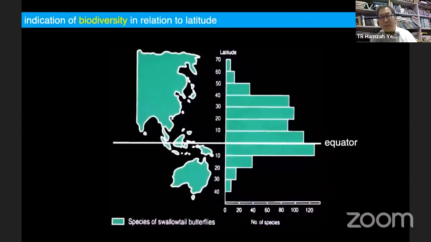Now, one of the things that we need to be aware of is that the building is at 2.9 degrees above the equator, so you can see it's a fairly high level of biodiversity. It's almost as high as you can get.